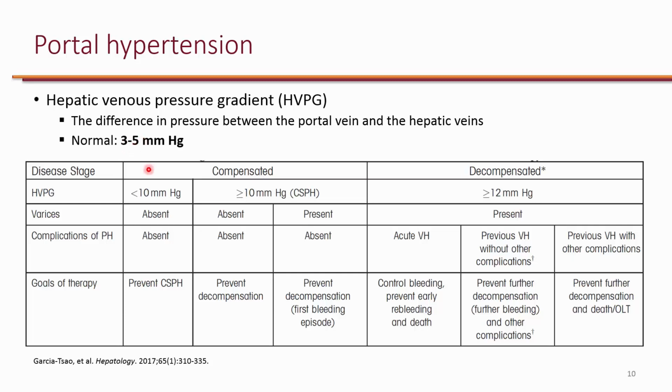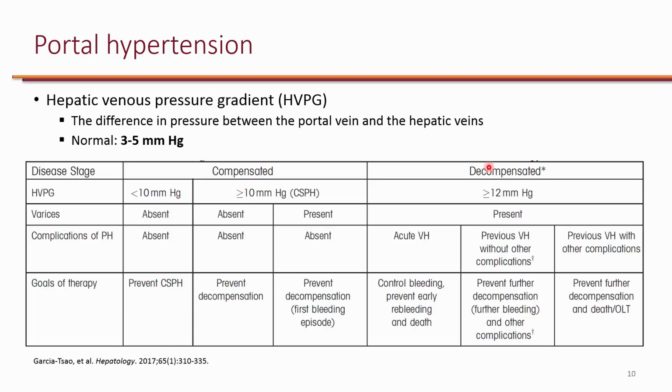If it's more than 5 but less than 10 millimeters of mercury, it's referred to as mild portal hypertension, whereas if it's greater than or equal to 10 millimeters of mercury, it is referred to as clinically significant portal hypertension, or CSPH. So we use these two cutoffs to classify the severity of portal hypertension.